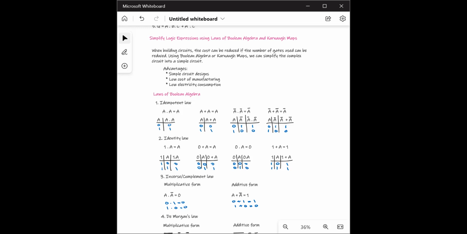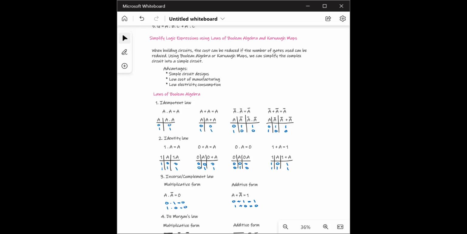So these things we have seen by drawing truth tables. Then the identity law, which means when you multiply any variable with Boolean 1, you will get the same variable. So we get 1 dot A equals A. Then we have 0 plus A. That means if you add any variable with Boolean 0, you get the same variable.